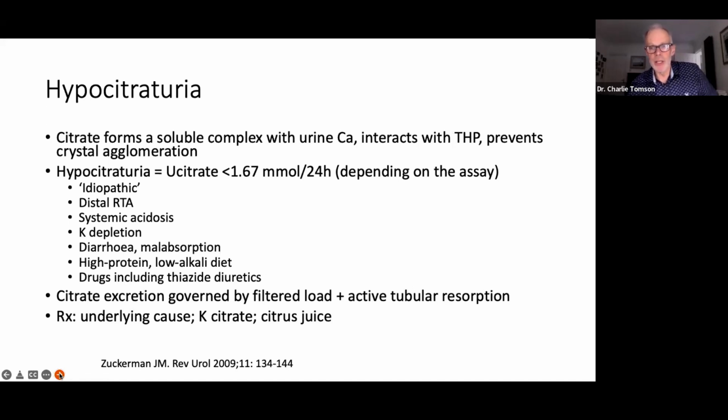And some thiazide diuretics may contribute to hypocitraturia, but that's a complex topic. And the treatment is that of the underlying cause or citrate supplements, which have been shown in randomized controlled trials to contribute to a reduction in stone formation in calcium oxalate stone formers.